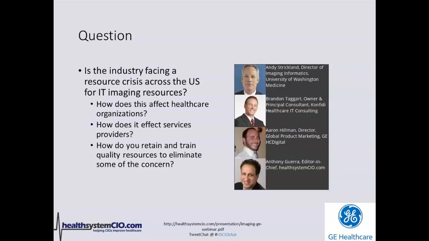I think that's a well-known fact that it's difficult to find highly educated, highly skilled people, particularly in IT. And then if you specify IT people with imaging experience, you can count them on one hand. We have been able to find people that are already in the business, recruit them and retain them.